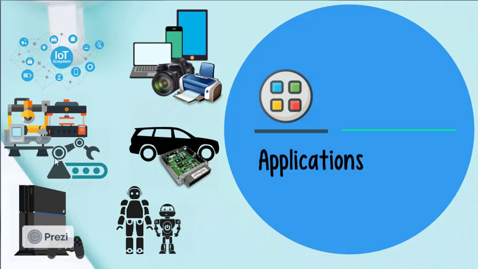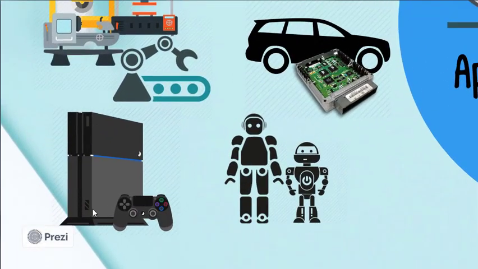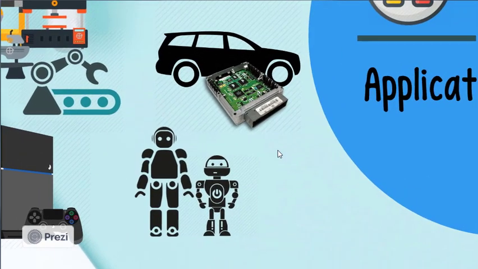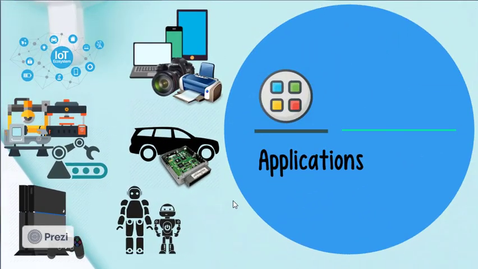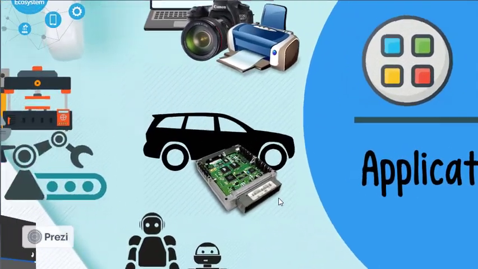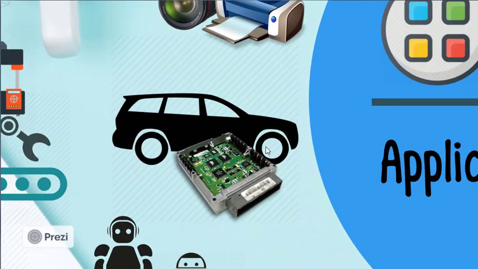Aside from that are the manufacturing industries. You also have the gaming industry, this is a PlayStation, and robotics, especially in the field of artificial intelligence. And another thing is automobiles.